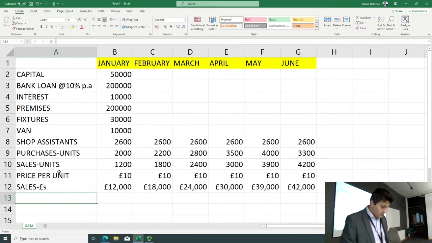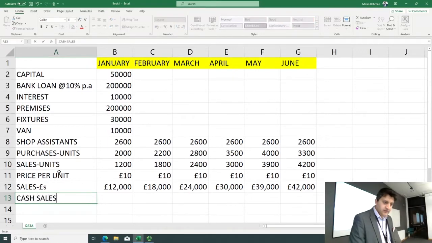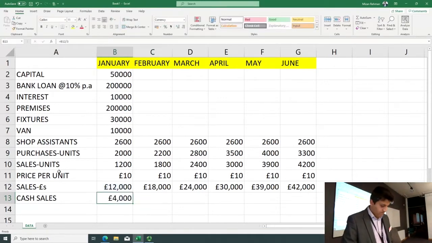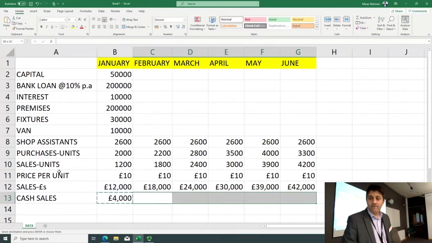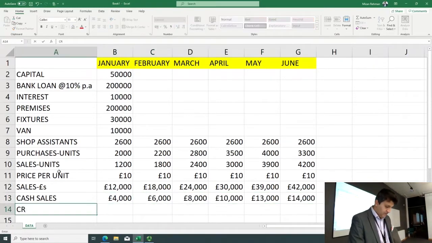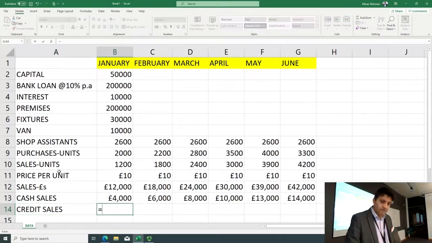1/3 on cash, so cash sales total divided by 3. And credit sales times 2 divided by 3.